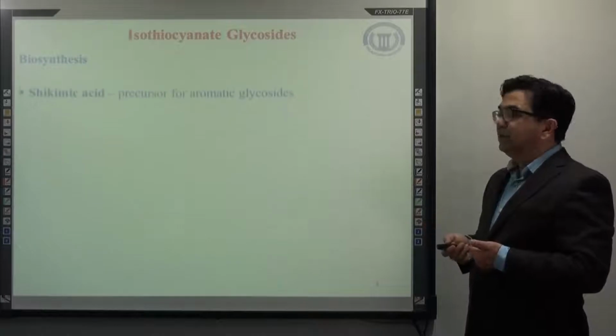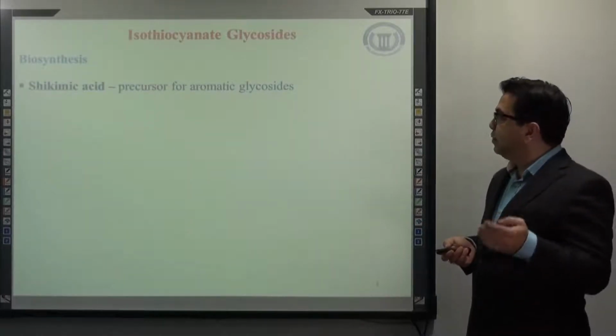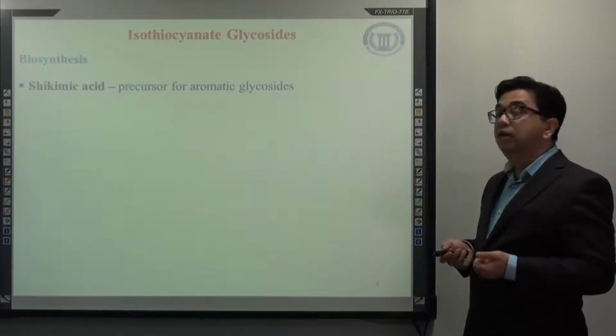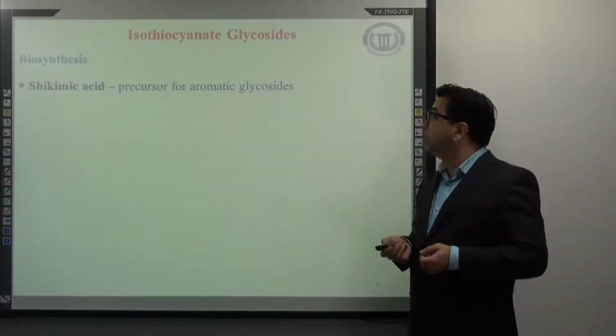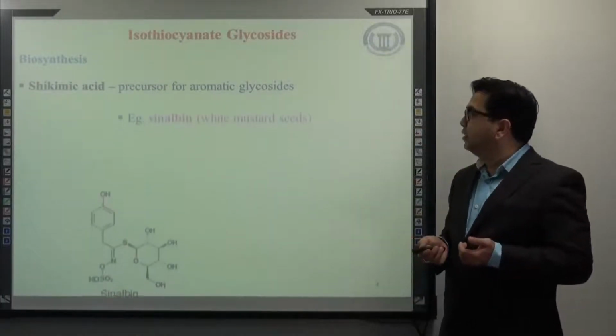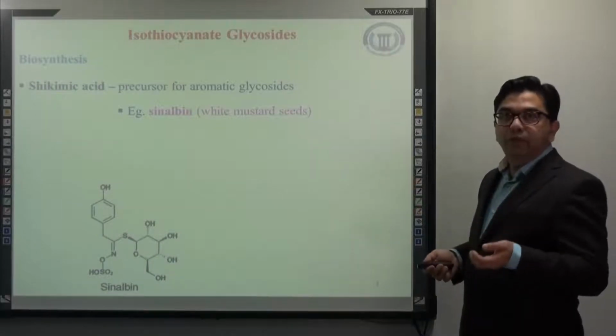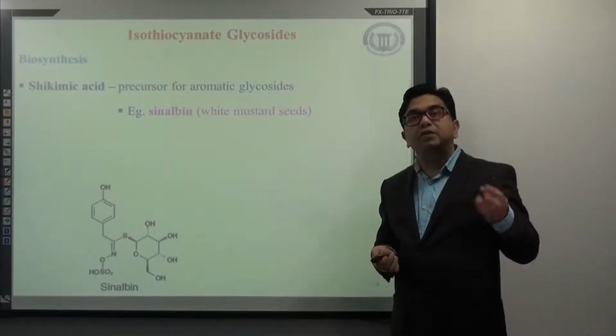Now, regarding the biosynthesis, there are two biosynthesis routes. One of them is shikimic acid, which acts as a precursor for the synthesis of aromatic glycoside, that is aromatic isothiocyanate glycosides. One example is sinalbin, which is mainly available in the seeds of white mustard.